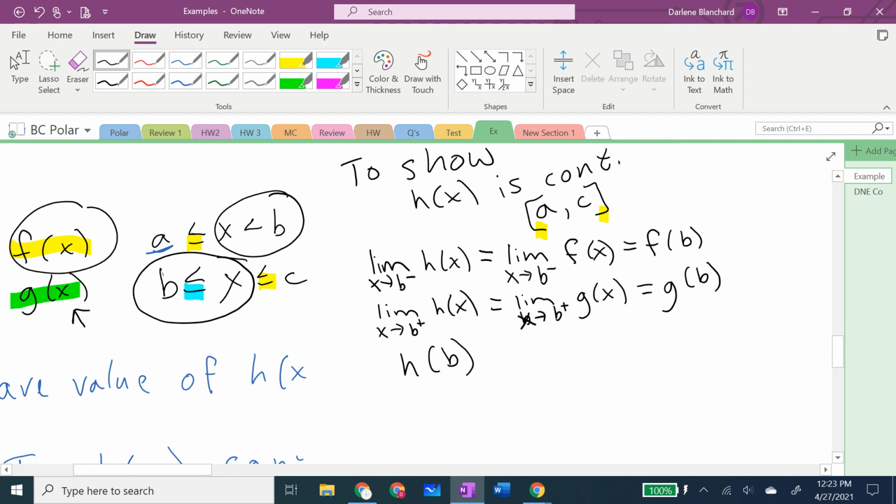For h of b, look at where the equal to sign is for x equals b. And provided that all three of these are the same number, then you can say that this is continuous at x equals b, and further, that it's continuous over this closed interval.